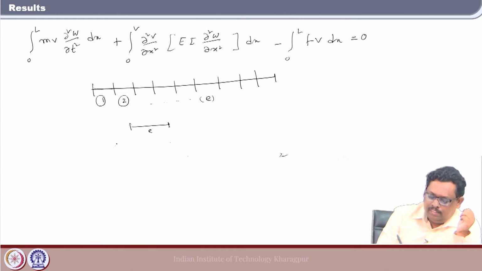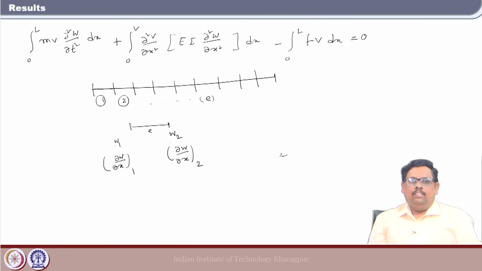One is W 1, so it is a displacement, and also I can call the slope dw by dx at 1, and then I have another node here, you can call this W 2, and also dw by dx at 2. Okay, so, I have 4 degrees of freedom, right.